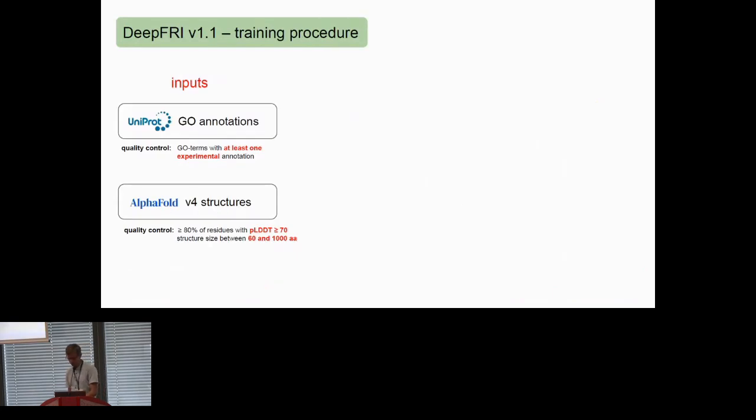So we decided to retrain DeepFry on a larger data set. We used the AlphaFold database of high-quality predictions, and also utilized the miniprot gene ontology annotations. Each GO term that we'd like to be predicted needs to have at least 1 experimental annotation.